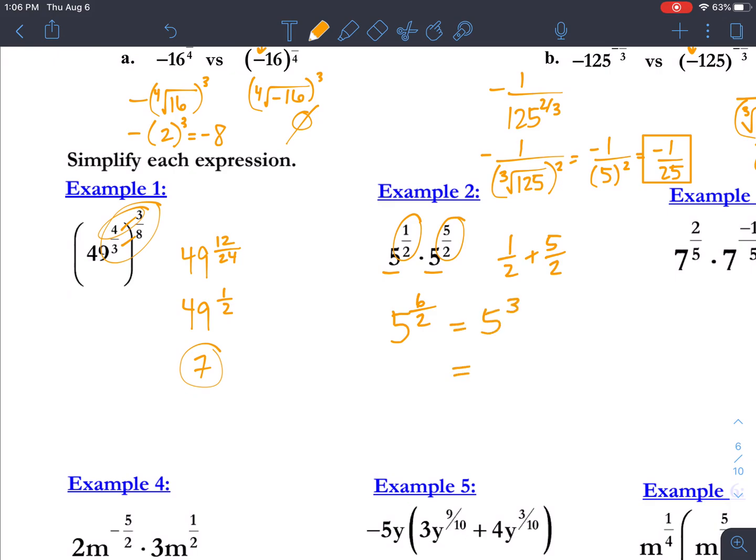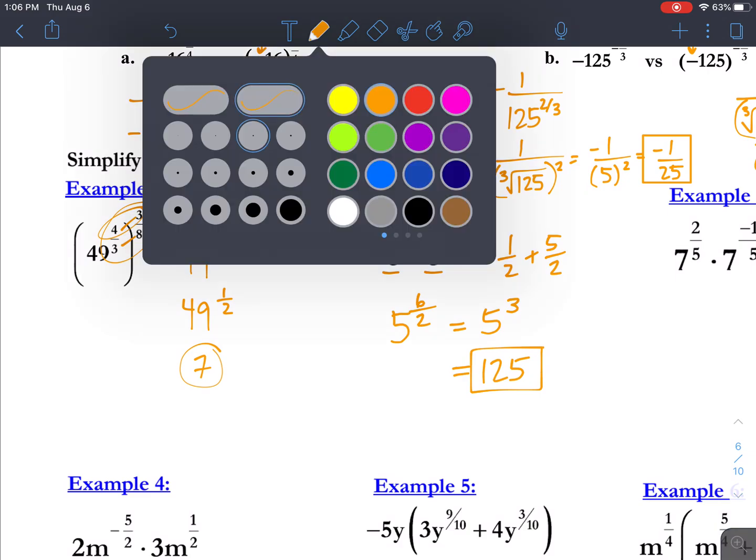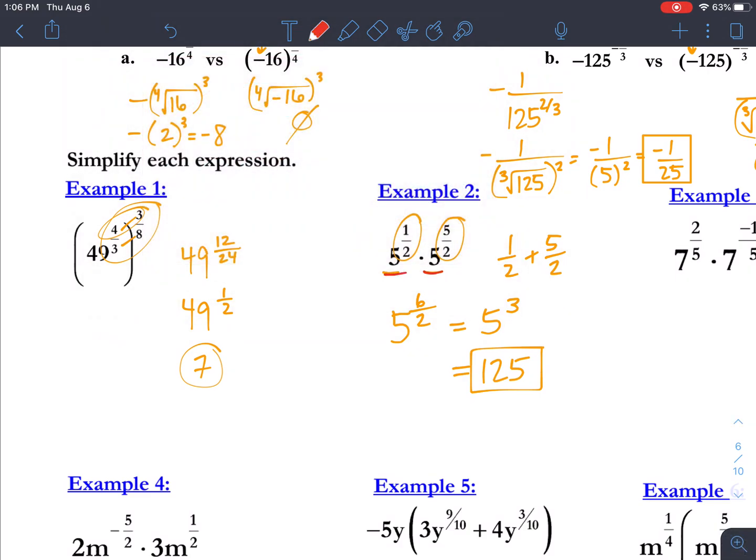And actually, we can simplify here. This is just 125, 5 to the third power. Biggest mistake people make, maybe you were tempted to do it, 5 times 5, they make this 25 to the 6 halves. Okay, if I gave you x squared times x cubed, you don't make this 2x, right? We just keep the base, and add the powers together. So same thing, keep the base, add those two powers.